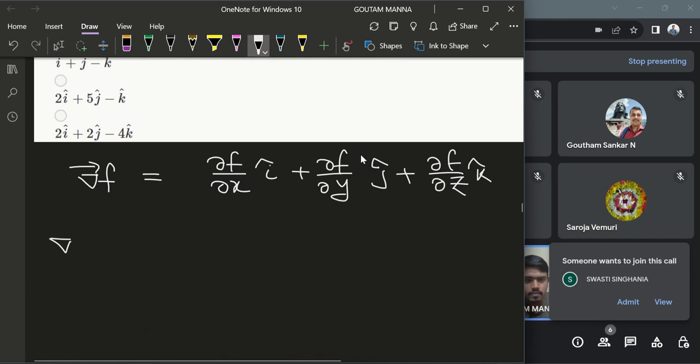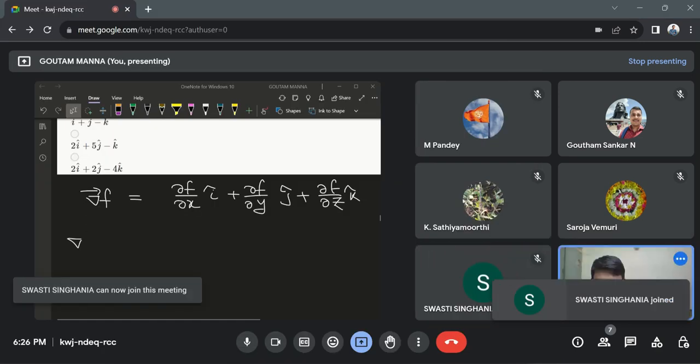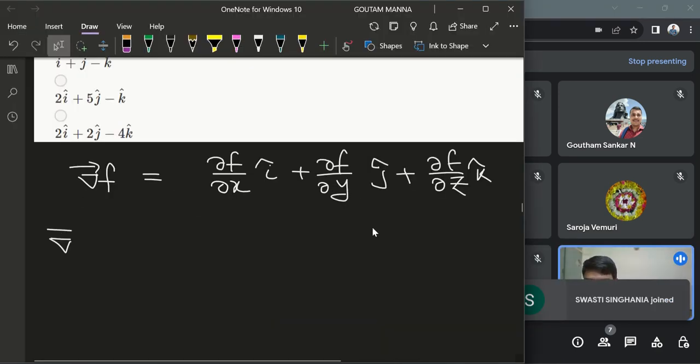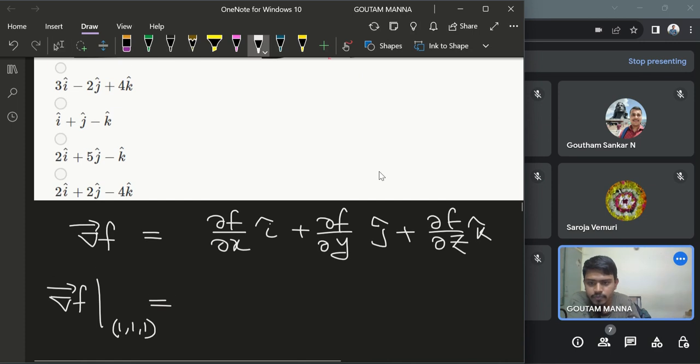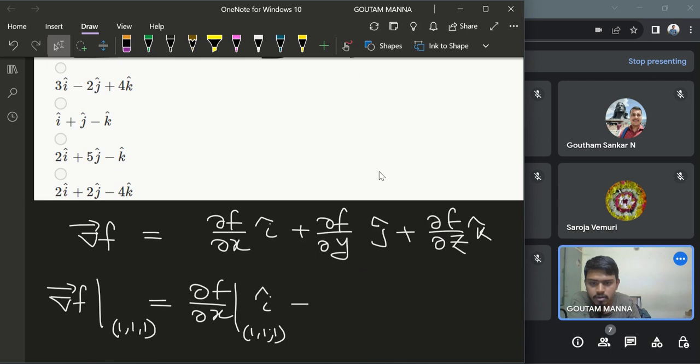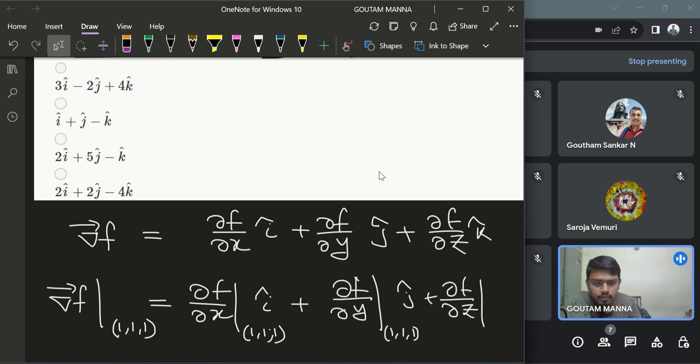So gradient of f at point (1, 1, 1), we're asked to find it at point (1, 1, 1). So it will be del f del x at point (1, 1, 1) i hat plus del f del y at point (1, 1, 1) j hat plus del f del z at point (1, 1, 1) k cap.